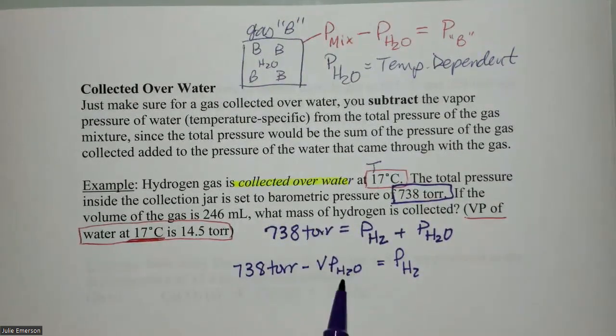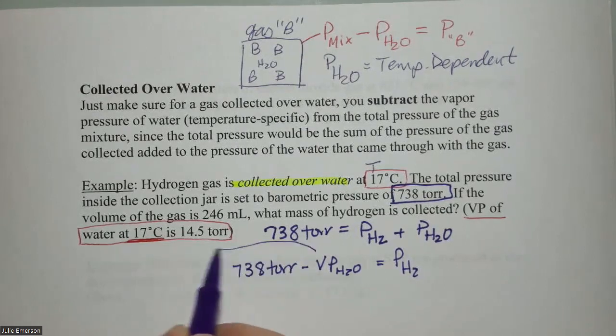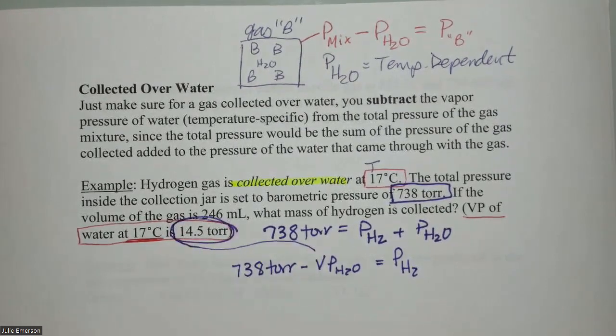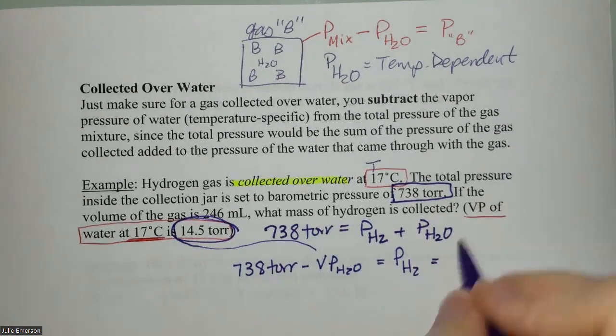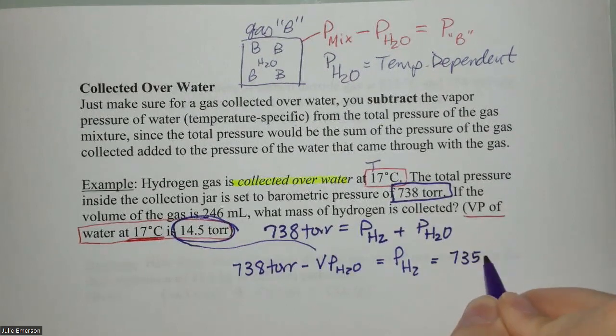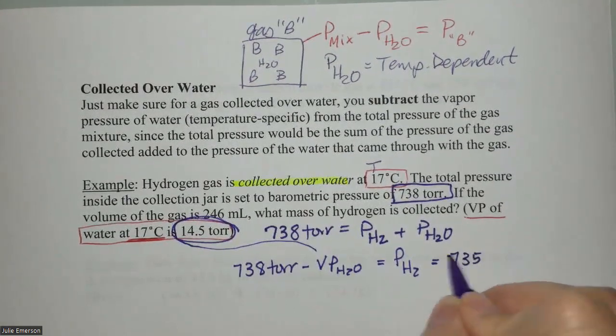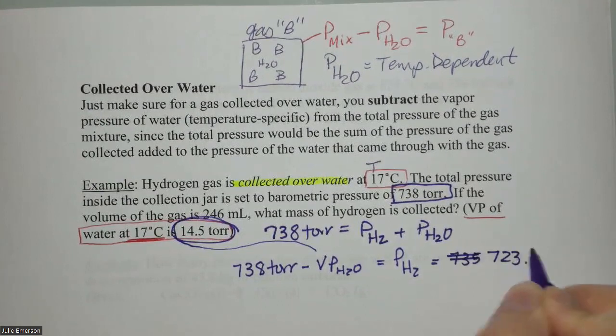Now remember, that vapor pressure of water is temperature dependent. So as long as I know what temperature I'm at, which is 17 degrees Celsius for this one, then I know exactly what my vapor pressure of water is. So I'm going to take the 738 minus the 14.5, and I get 723.5 torr.